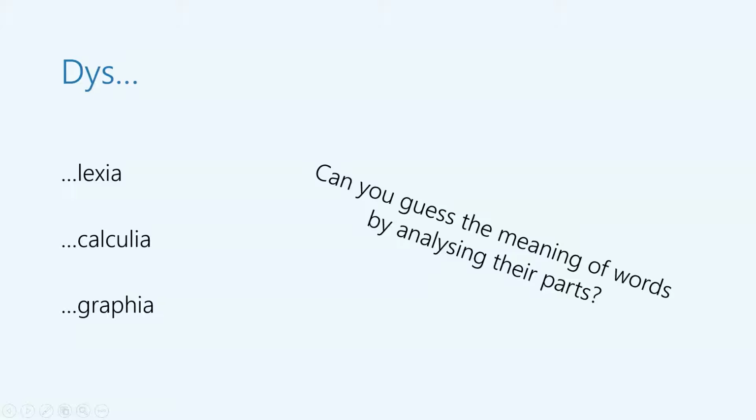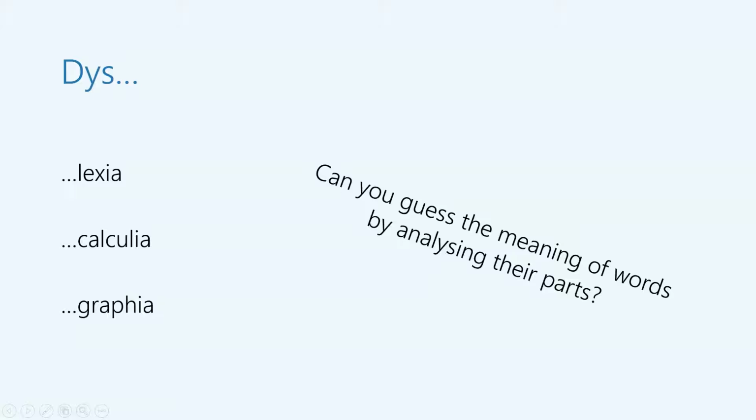All of these words have Greek and Latin origin, and you can probably guess their meaning by analyzing the meaning of word parts. The prefix dys comes from Greek and refers to something hard, difficult, or bad. Lexia has something to do with words, so it's usually connected with speaking or with reading.